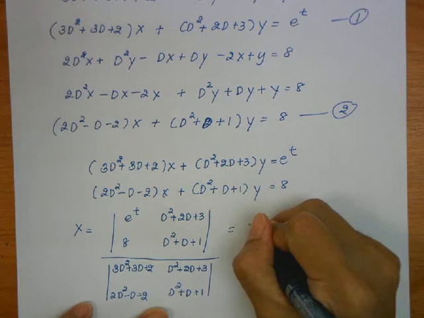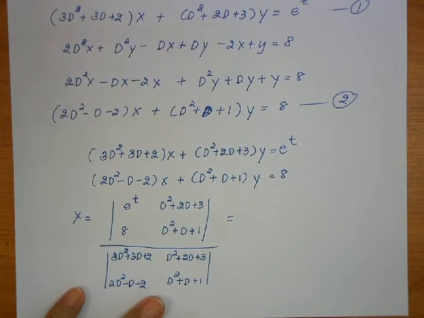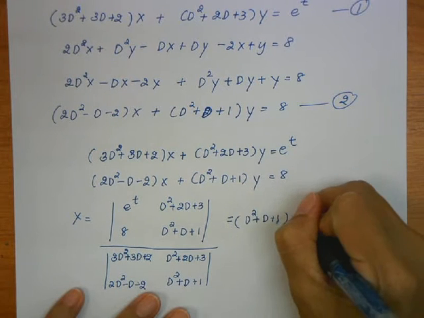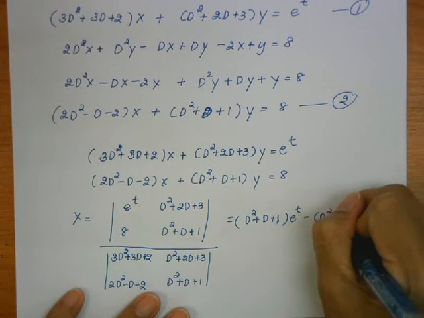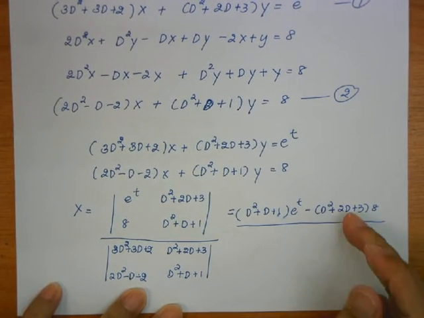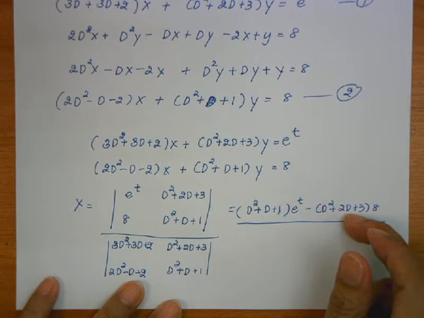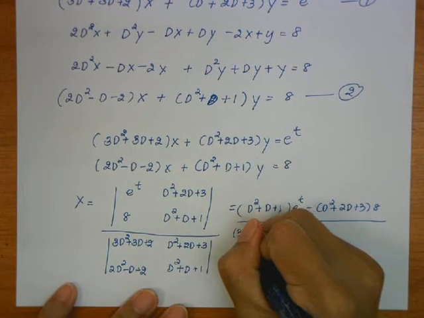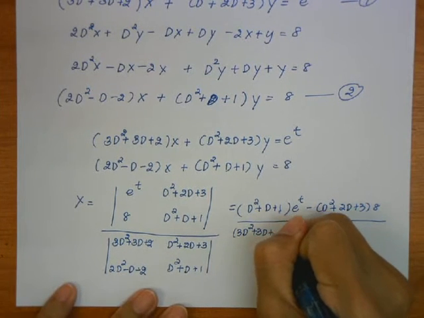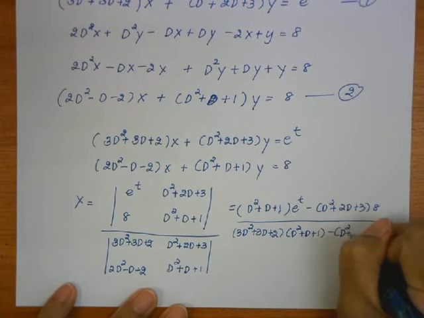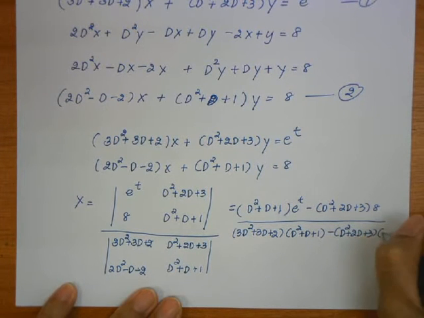And when you find the determinant, you will get the denominator. For the denominator you get this, and for the numerator you will get minus, there you go.